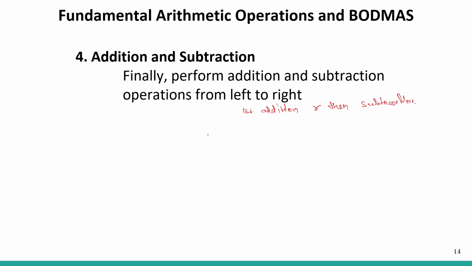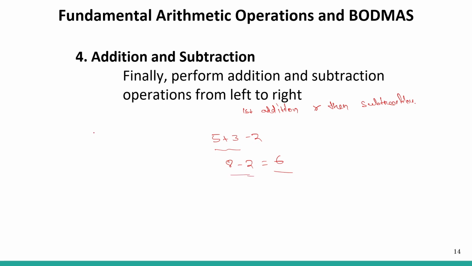So let's see an example. Let's say you have 5 plus 3 minus 2. What to do first is we first evaluate addition. So this is 8, then minus 2, that is equal to 6. So this is 8, and then we subtracted it and we found 6.